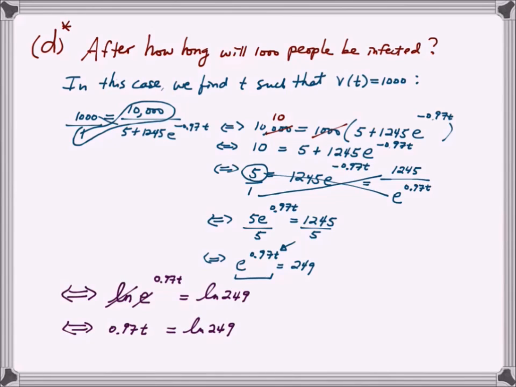One more step to isolate t is dividing by 0.97 on both sides. So t is equal to the natural log of 249 divided by 0.97, and that is approximately 5.69. Remember, that is in terms of days. So I would say that in about 5.69 days, the number of people infected is going to be 1,000.